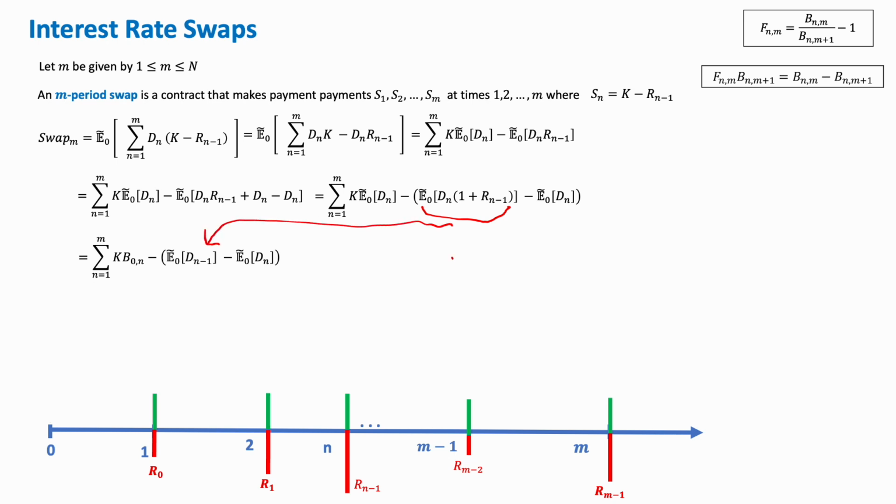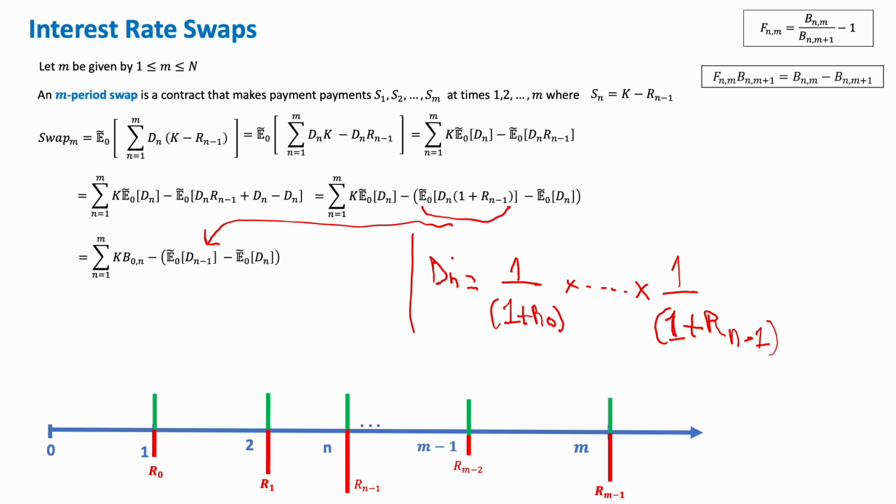Well, if you remember the definition of Dn, right? Dn is just 1 divided by (1 plus R0), multiplied by dot dot dot, up to 1 divided by (1 plus R_{n-1}). So this is the definition of Dn.